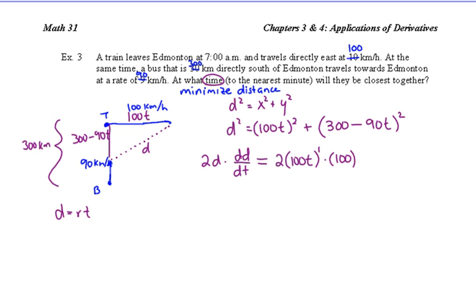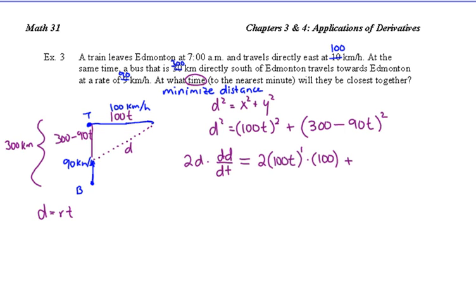We don't have to write dt, because we're differentiating with respect to time. Plus 2, keep the inside the same, power of 1, times the derivative of the inside, which is negative 90.